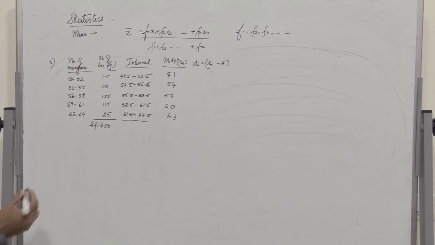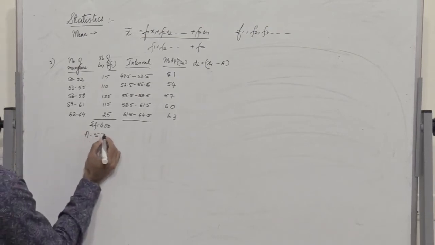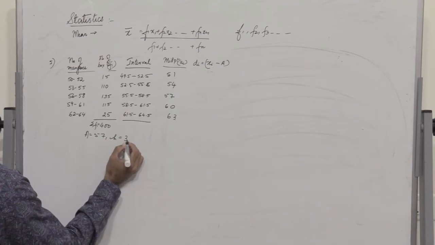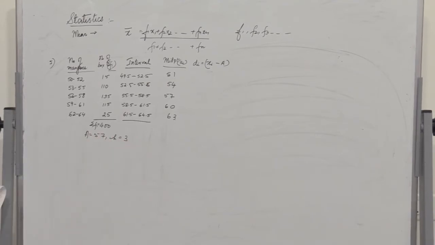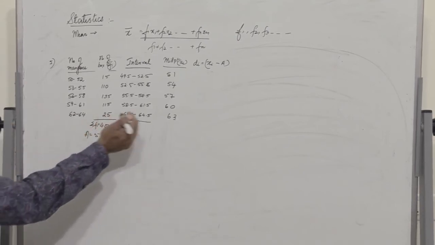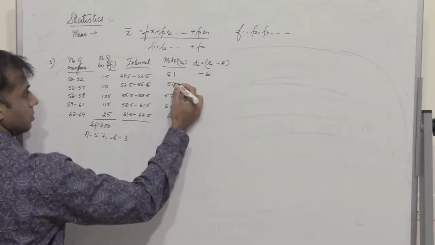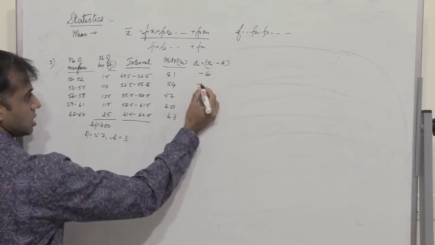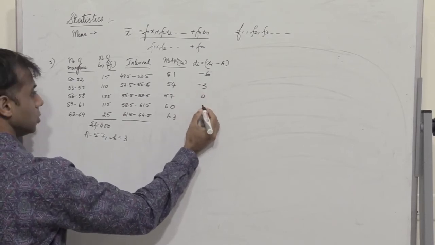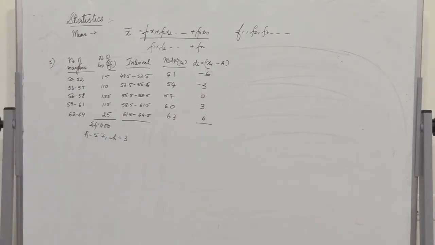A is 57, so a is 57 and h is 3. So we use step deviation as the frequency values are big here. So therefore to get the deviation we subtract a from the value xi. 51 minus 57 is minus 6, minus 3, 0, 3 and 6.